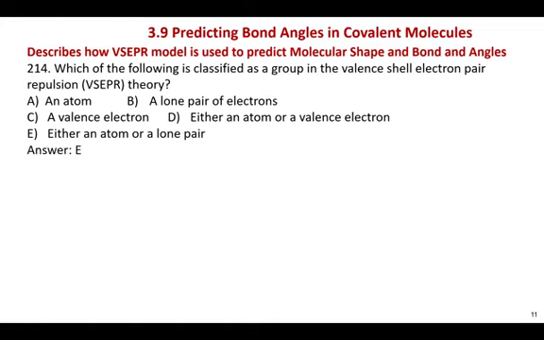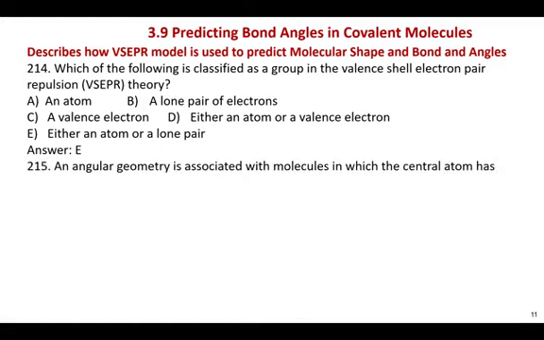The shape is related to the valence shell electron pairs plus the atom. Angular geometry is associated with a molecule whose central atom has two bonds and, like water, two non-bonding electron pairs.